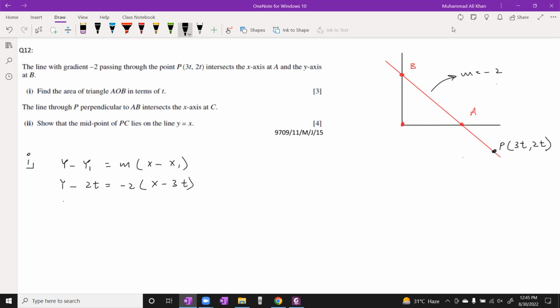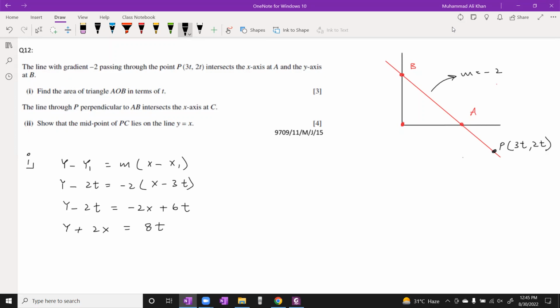So y minus 2T equals -2x plus 6T, and y plus 2x equals 8T. Equation of the line आ गई हमारे पास. कोई problem?